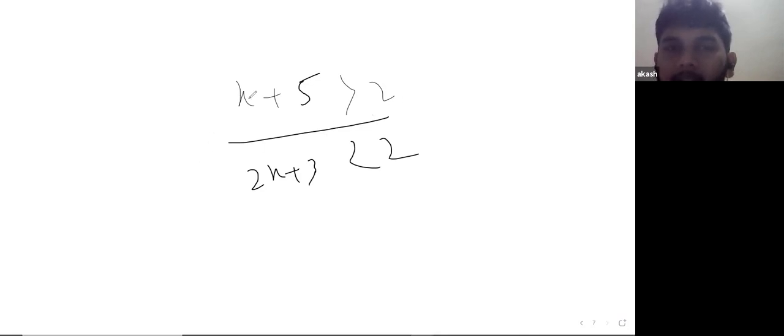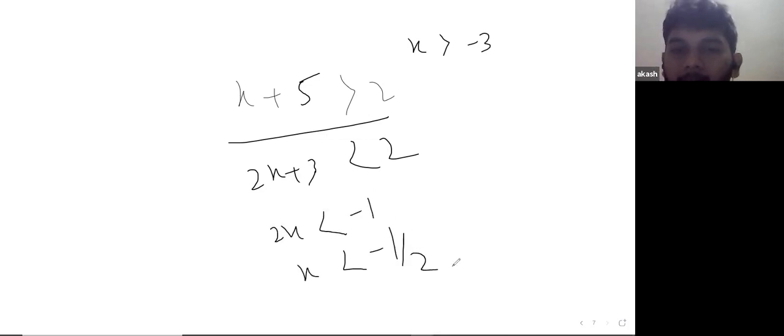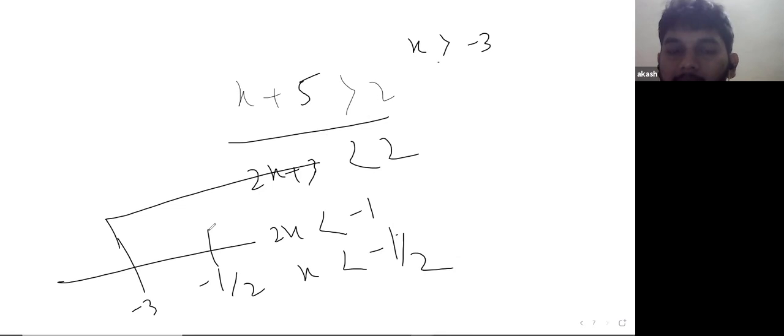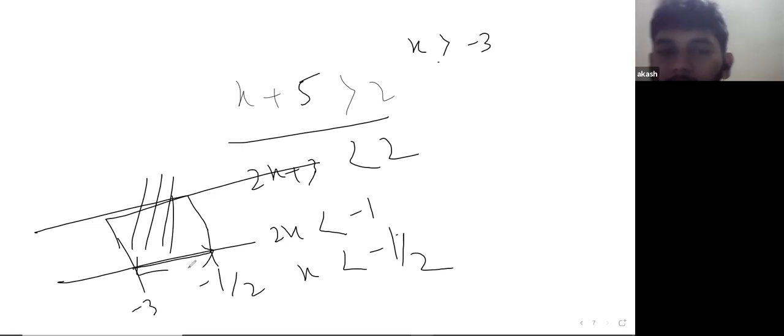We solved questions like this, right? This is x is greater than minus 3 and this is x is less than minus half. So in number line you draw, this is minus 3, this is minus half. Here it says x should be greater than minus 3, here it says x should be less than minus half. So this is the common area, so x belongs to minus 3 to minus half.